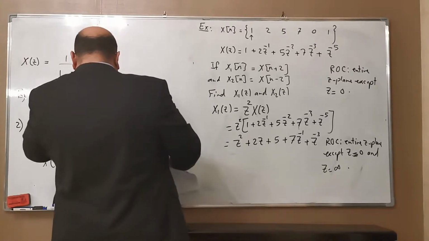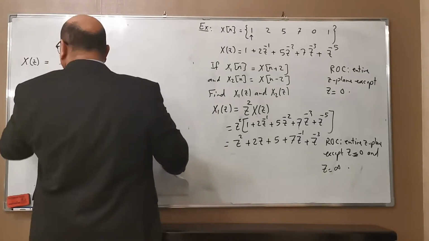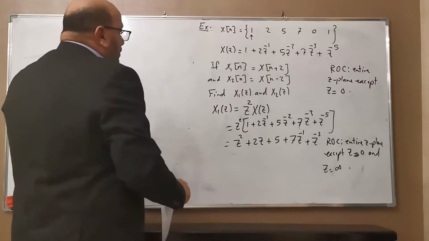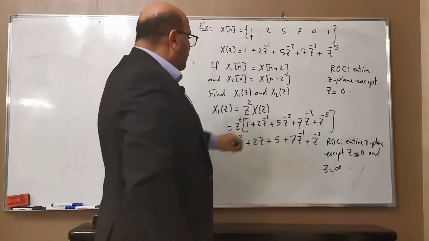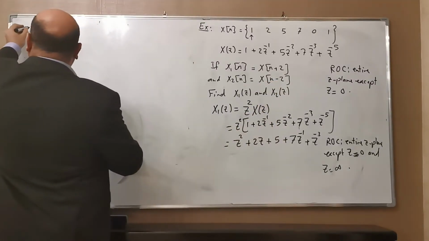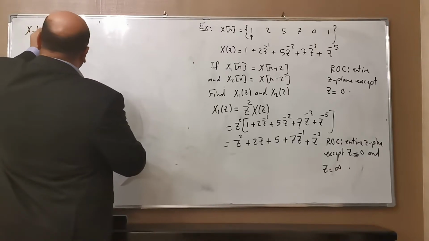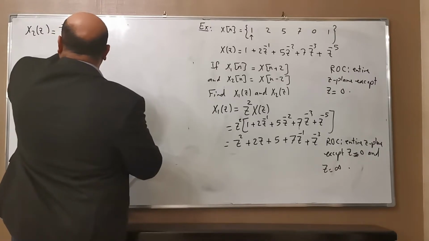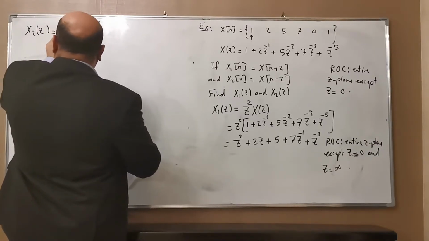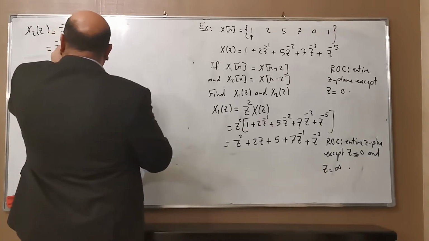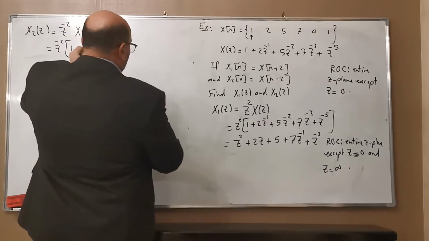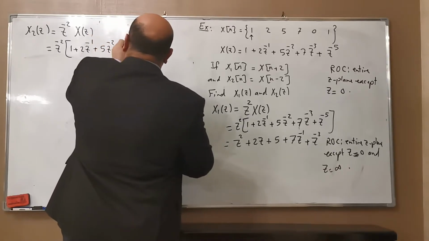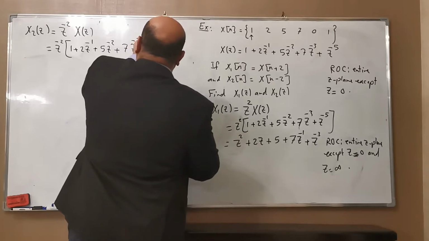Now, for the second one, k equals positive 2. So X2 of z is equal to z to the minus 2 X of z, which is z to the minus 2 times (1 plus 2 z minus 1 plus 5 z minus 2 plus 7 z minus 3 plus z to the minus 5).